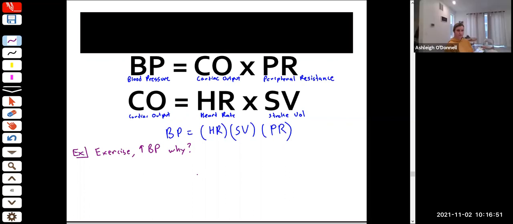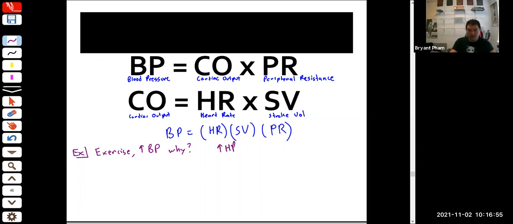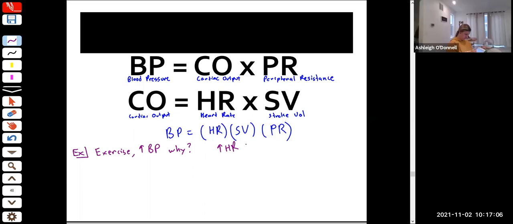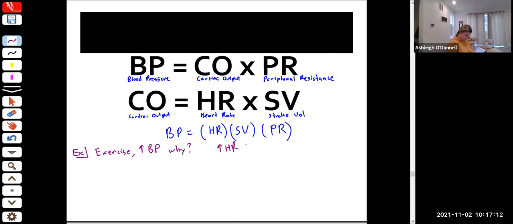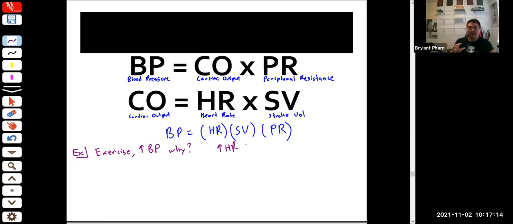Your heart rate. Heart rate, absolutely. Okay. So that should be kind of self-explanatory. Heart rate is heart rate. Stroke volume, this is the amount of blood that your heart pumps out.